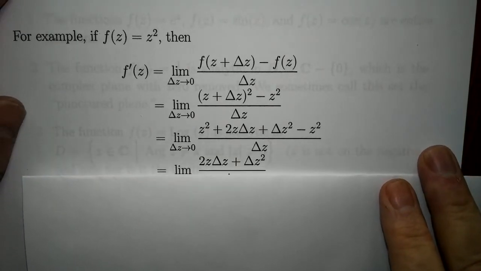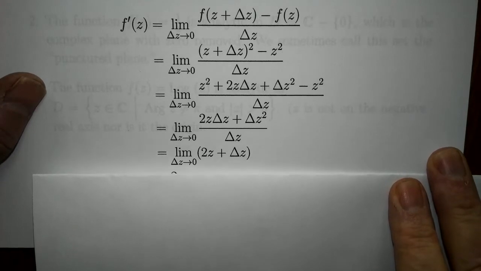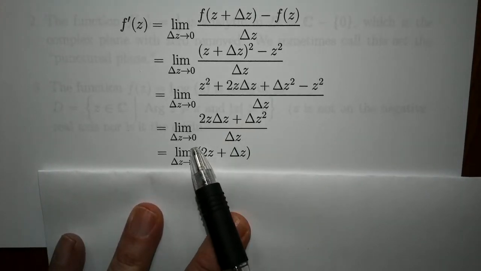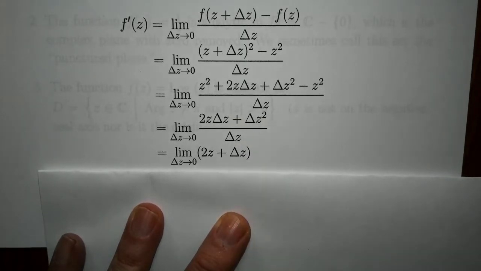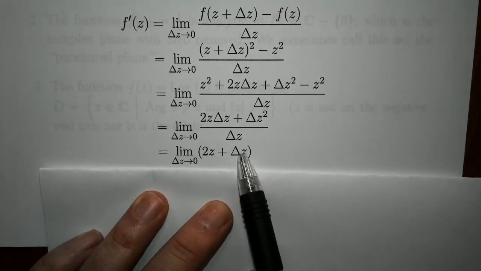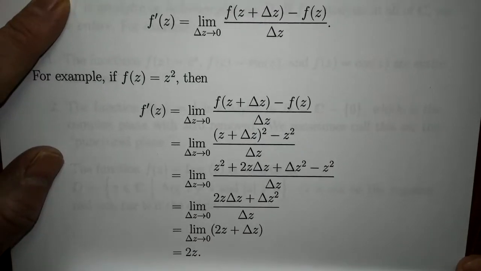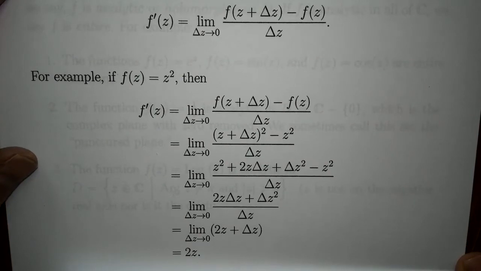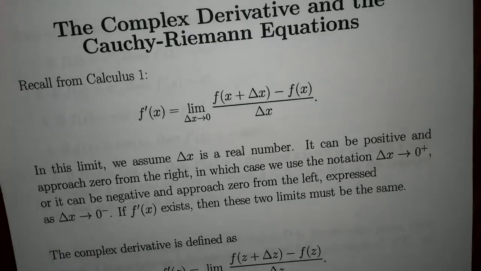And the z squareds cancel. Then we can factor out a delta z and cancel it, because we know that delta z is not 0, so I can factor a delta z out of the numerator and cancel it with the one down here. As delta z goes to 0, this remaining term goes to 0, so we're simply left with 2z. That makes sense because in Calculus 1 we know the derivative of x squared is 2x, so now we know the derivative of z squared is 2z.